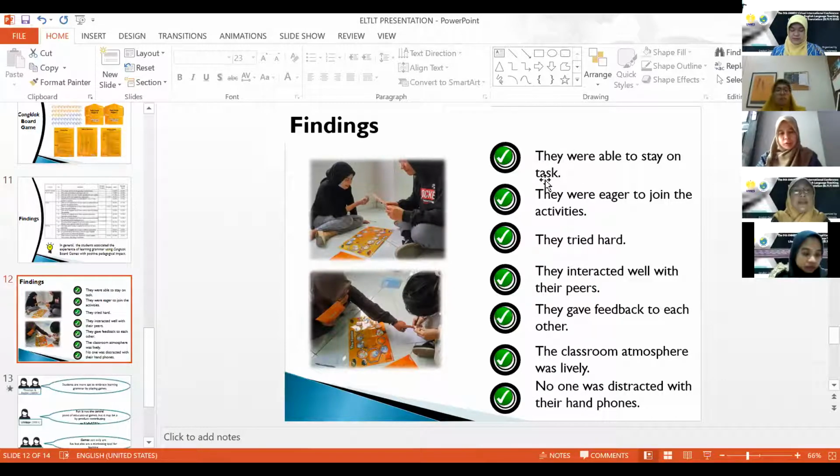Some of them were able to stay on task and were eager to join the activities, they tried hard, they interacted well with their peers, they gave feedback to each other, and the classroom atmosphere was lively. And one more important thing is that no one was distracted by their handphones.